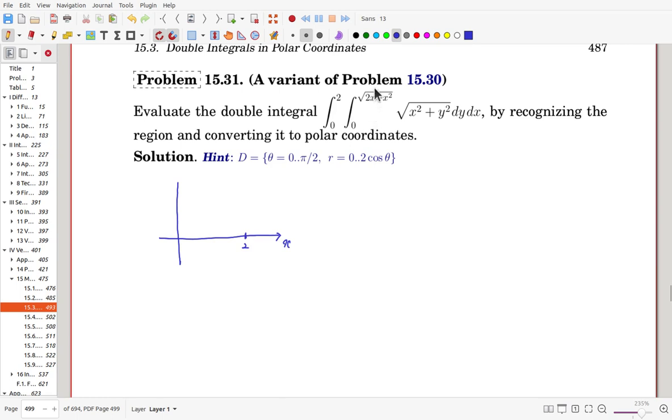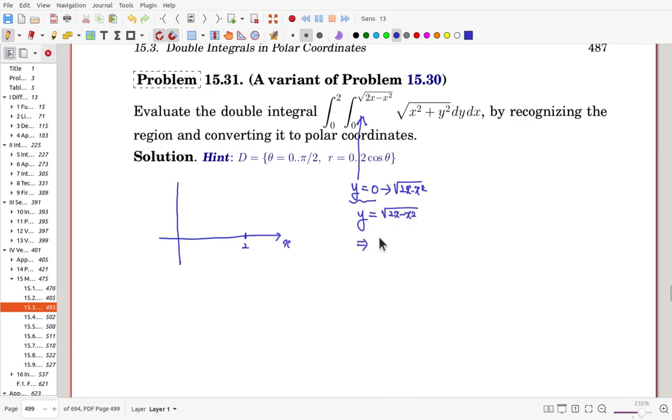And that means y is moving from 0 to the square root of 2x minus x squared. This is the bottom y, and there's the top y. We focus on the top y; the bottom y is 0. The top y is y equals the square root of 2x minus x squared.